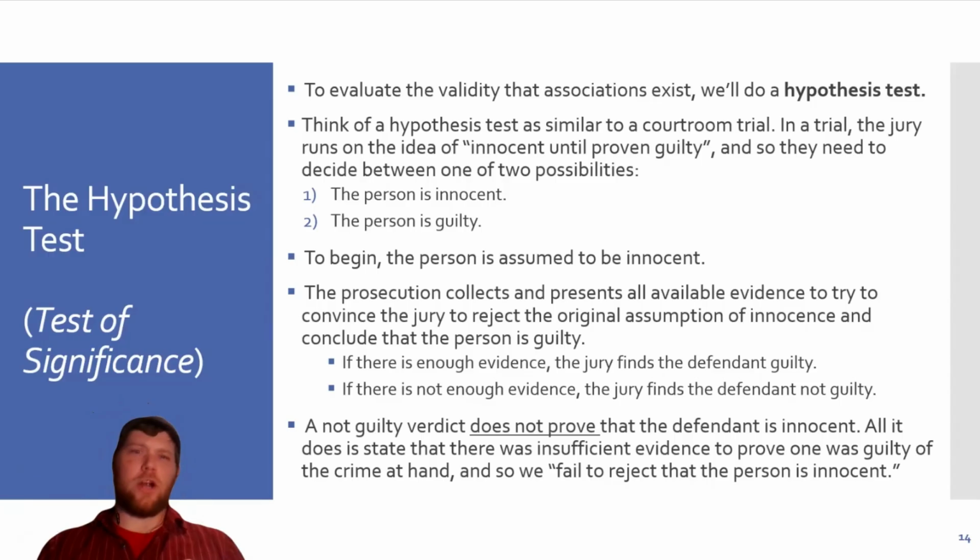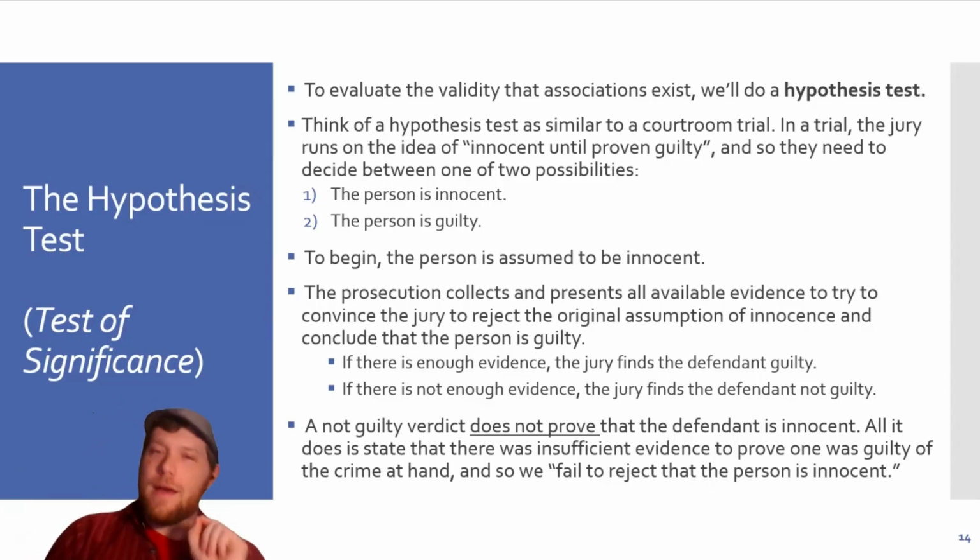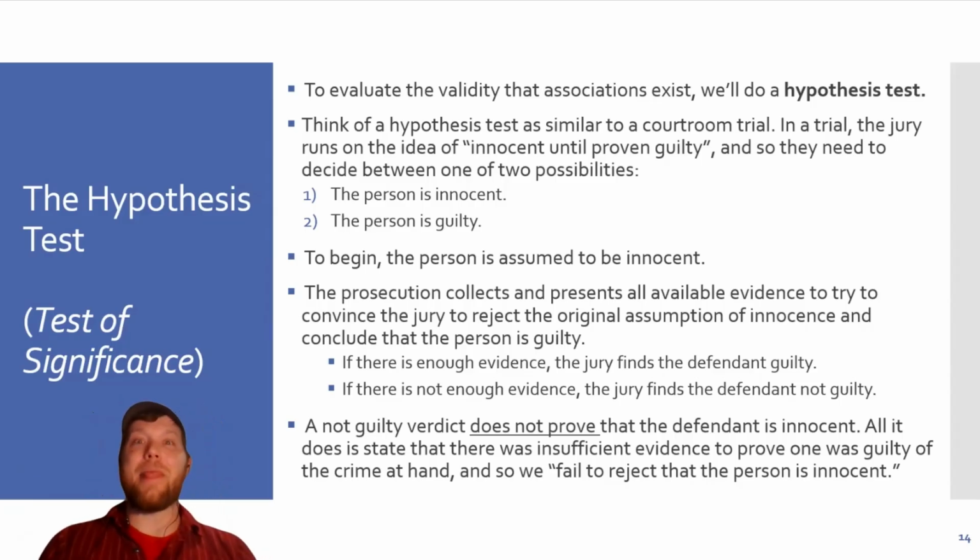If I burned down a building and I was found to be not guilty, it wasn't that I didn't do it. It's just that the burden of evidence needed to claim that I was guilty wasn't met. There was insufficient evidence to prove I was guilty. So we failed to reject the person as innocent.